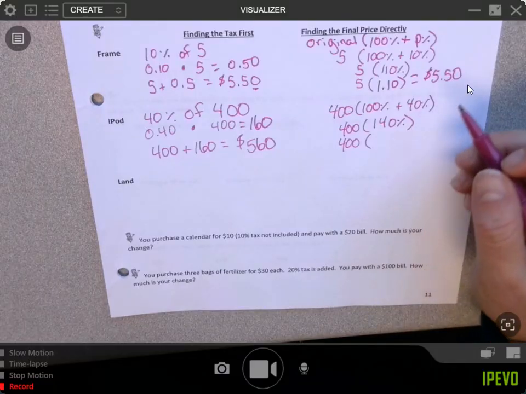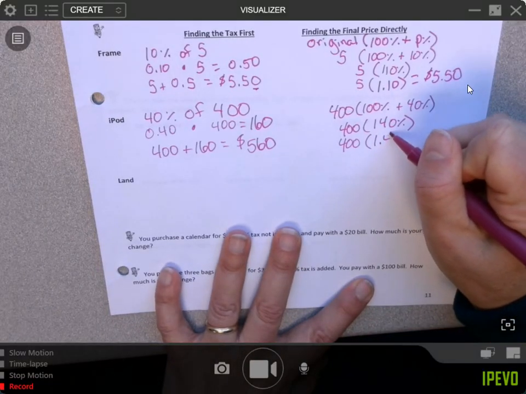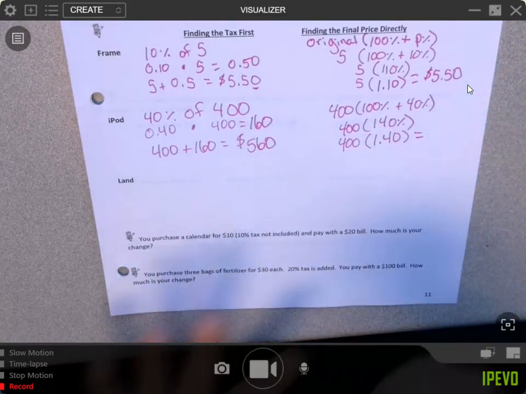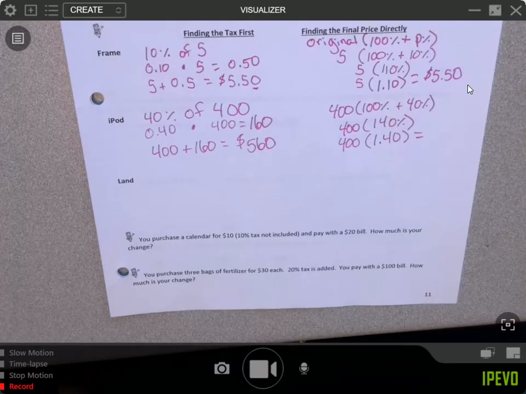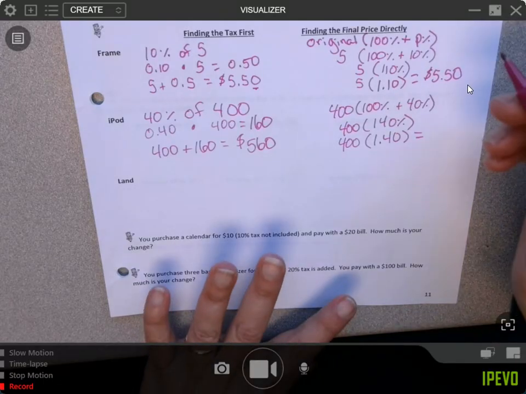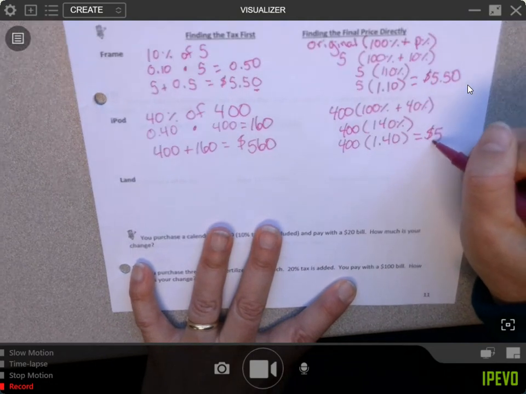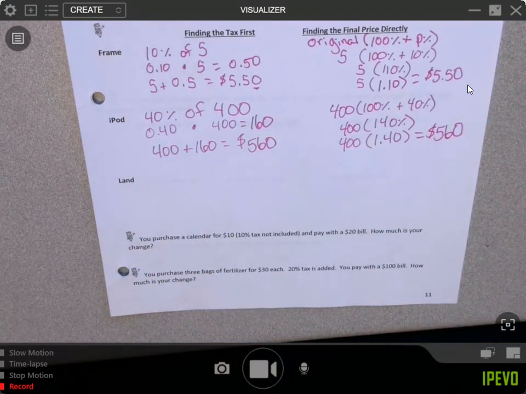Kylie? 1.40. What is 400 times 1.40? Aiden. 560. We get that same answer, right? Whether we multiply and then add, or we add then multiply, we get the same answer.